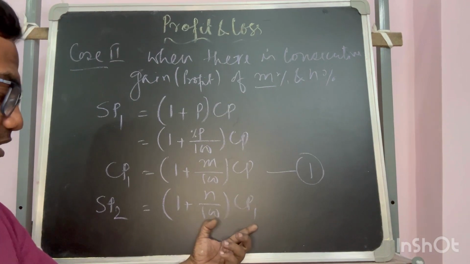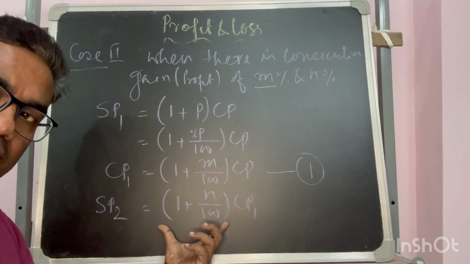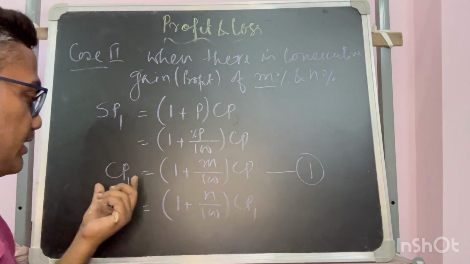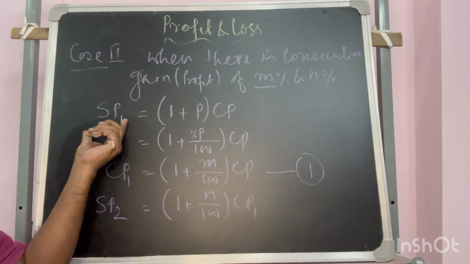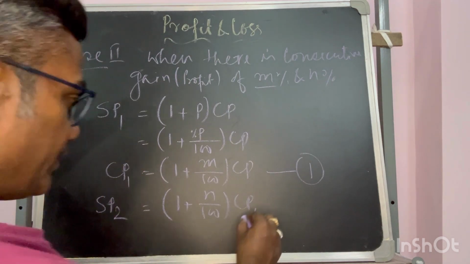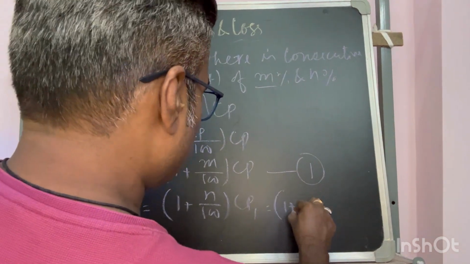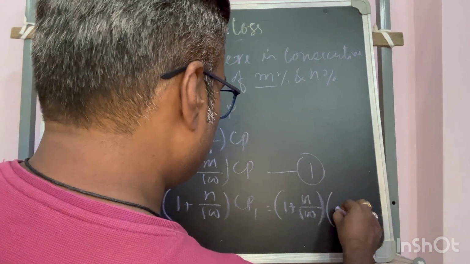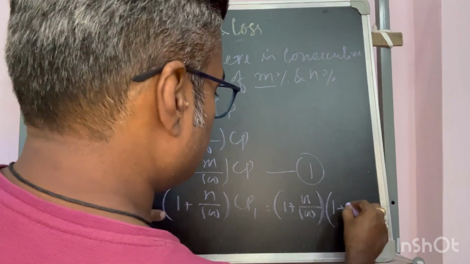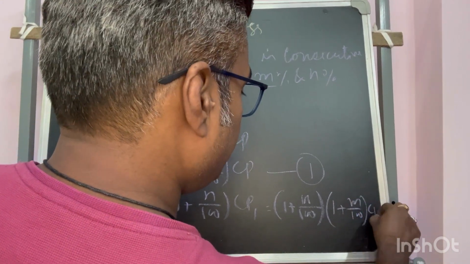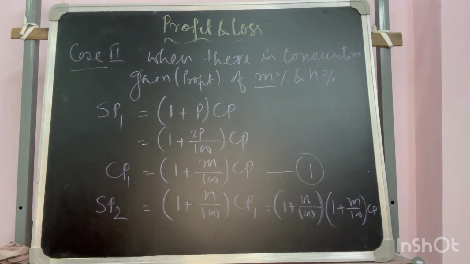The cost price on which this profit will be imposed is a different one, that is CP1, the selling price of the first one. That will definitely be the cost price for the second one. So I will get N by 100 into 1 plus M by 100 into CP.